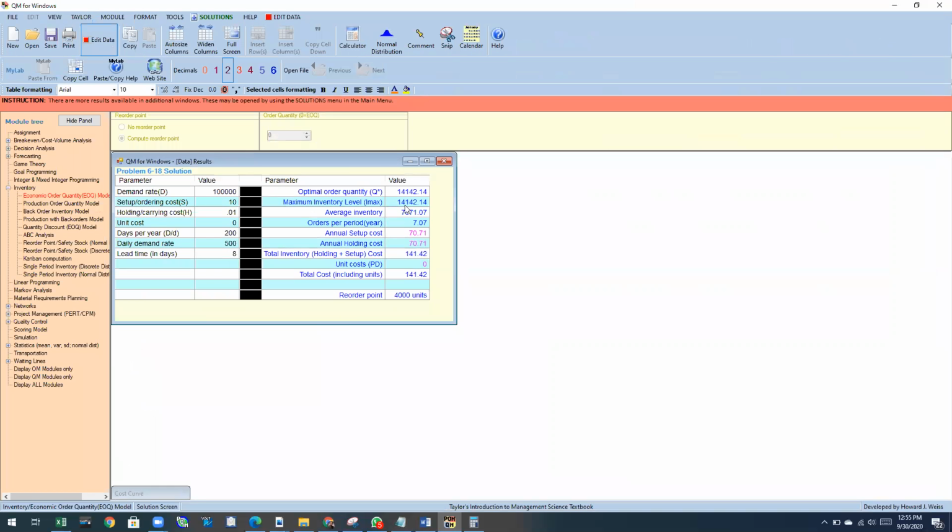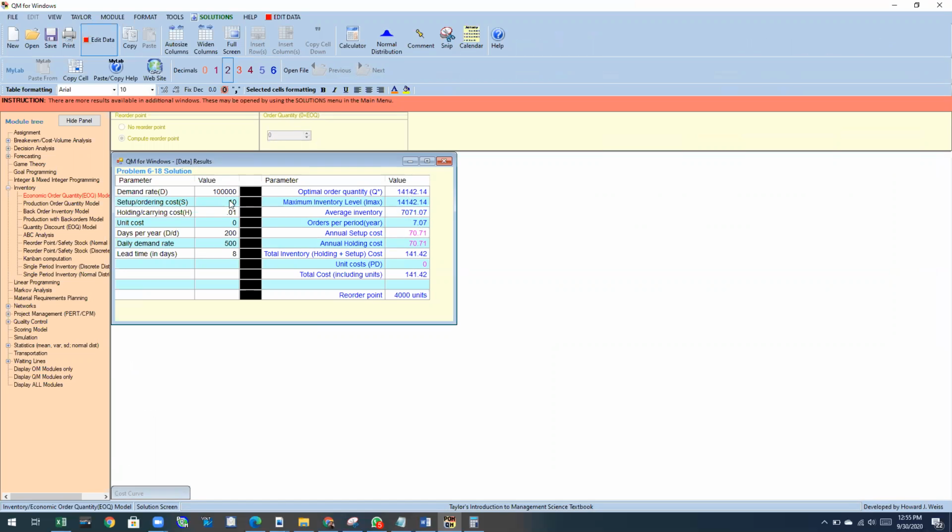And we get a maximum inventory level of 14,142. We get an average inventory, which is 14,142 divided by 2. The orders per year is 100,000 divided by EOQ. We get 7.07 orders per year.